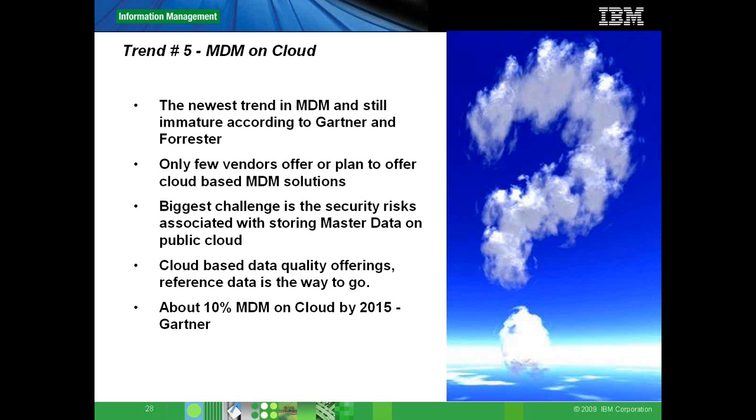When you talk about hosting anything on the cloud today, there's a major concern about security issues. What if my data is breached? What if someone breaks into my data? So till then, we can use cloud for hosted services like matching and reference data, which makes more sense.